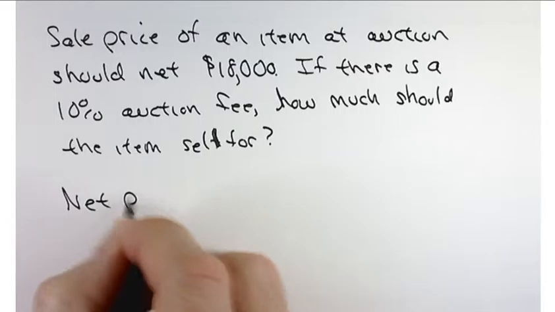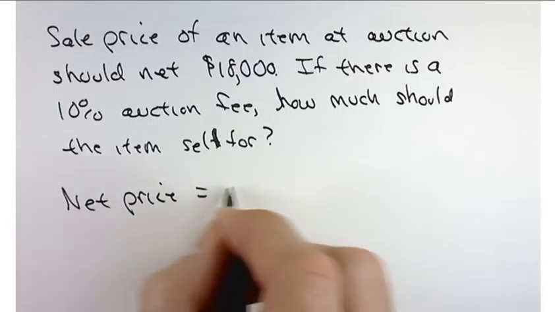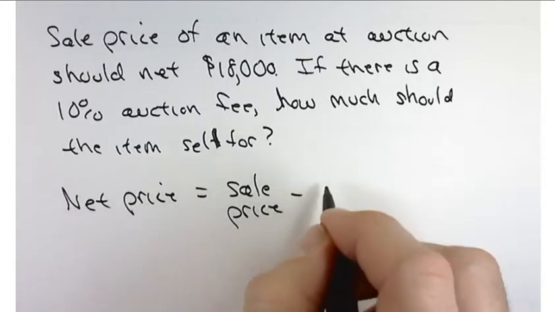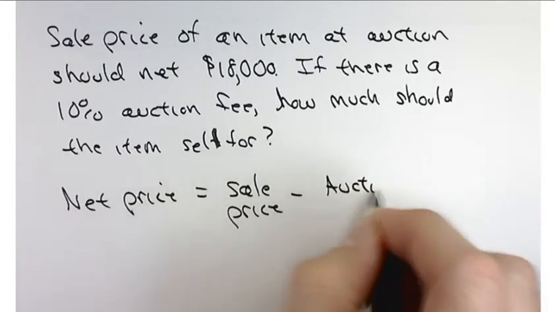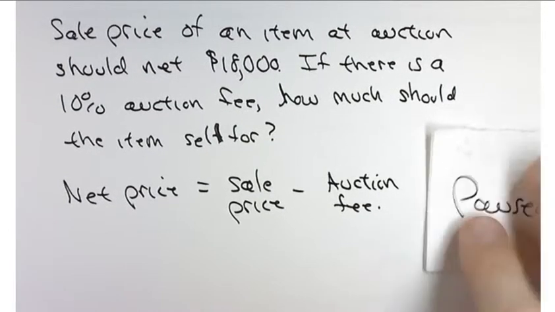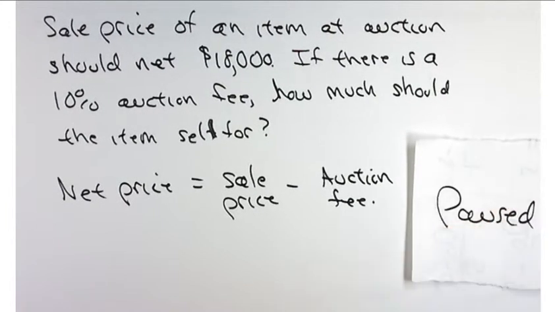Net price equals the sale price minus the auction fee. See if you can come up with an equation for that. Help each other out. I can't always walk around and catch everybody, so help each other out. I'll walk around for just a minute. I think the numbers on this one should work out pretty good.